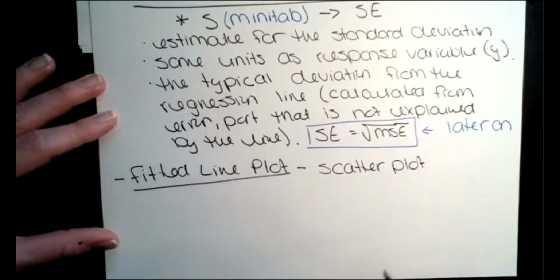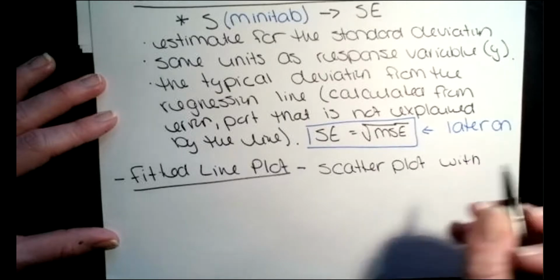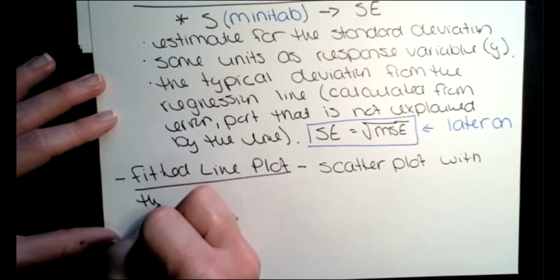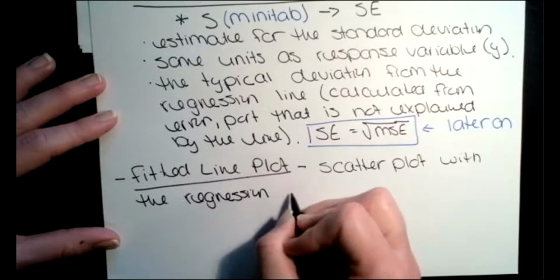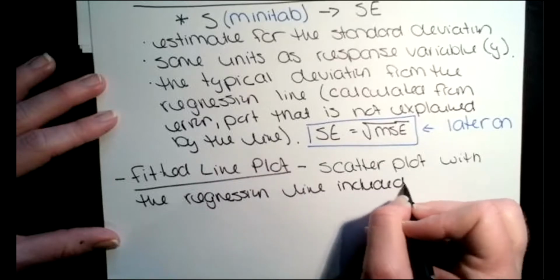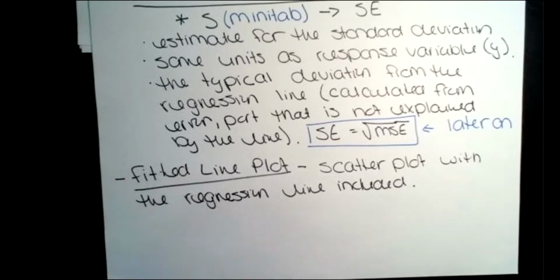They'll see it and pull it up, or they'll see it someplace else. So it's my scatter plot with the regression line included. So we might see that, the fitted line plot.